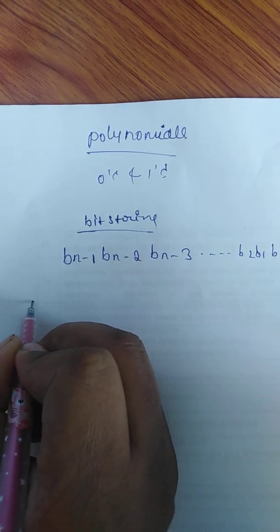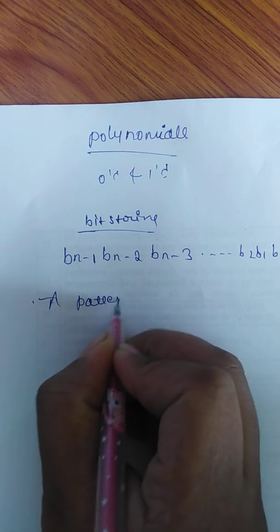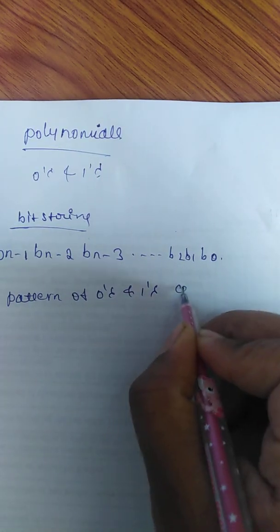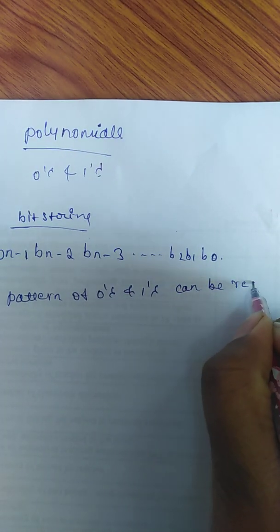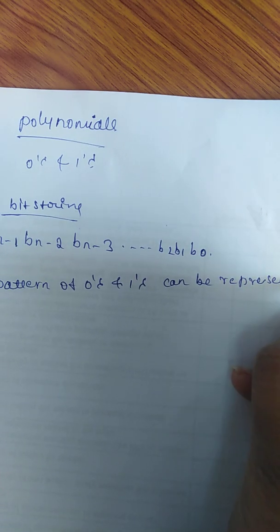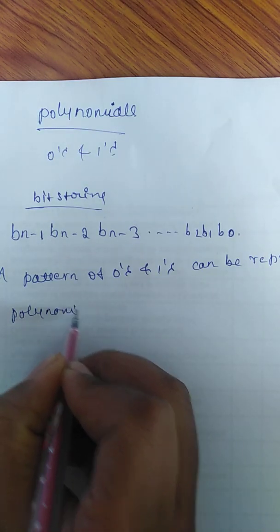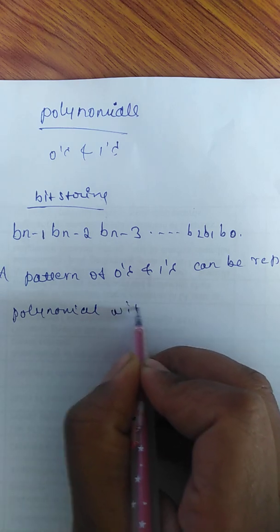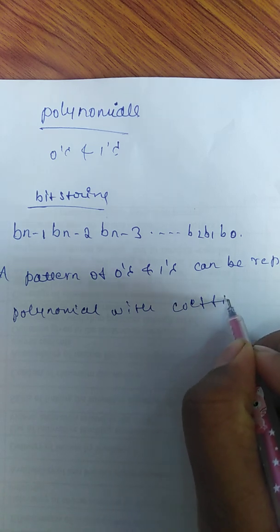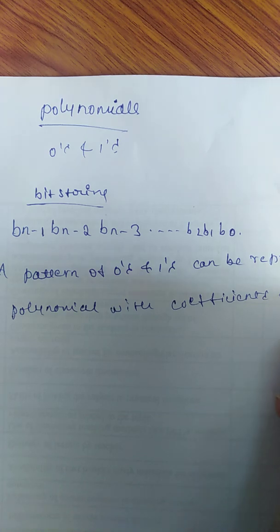A pattern of zeros and ones can be represented as a polynomial with coefficients of zeros and ones.